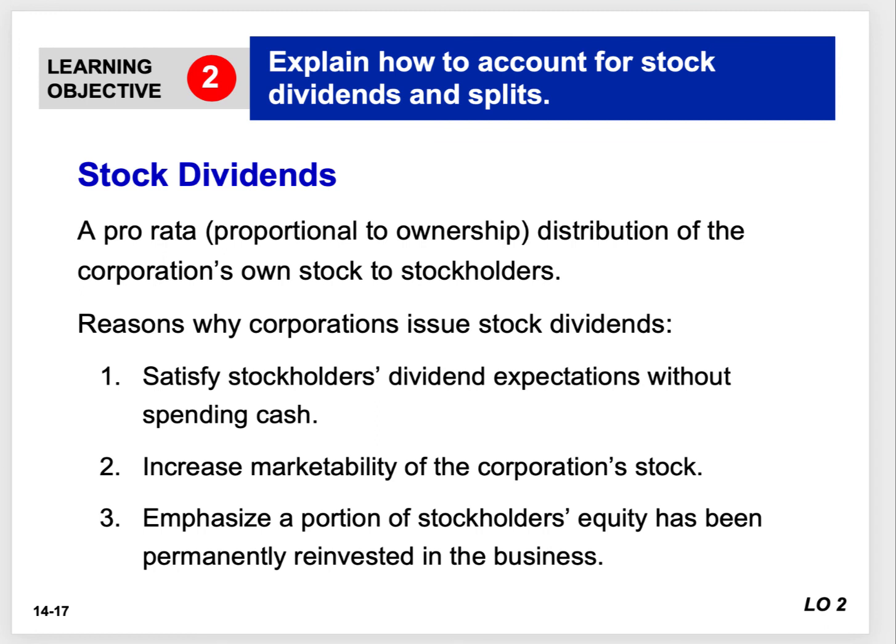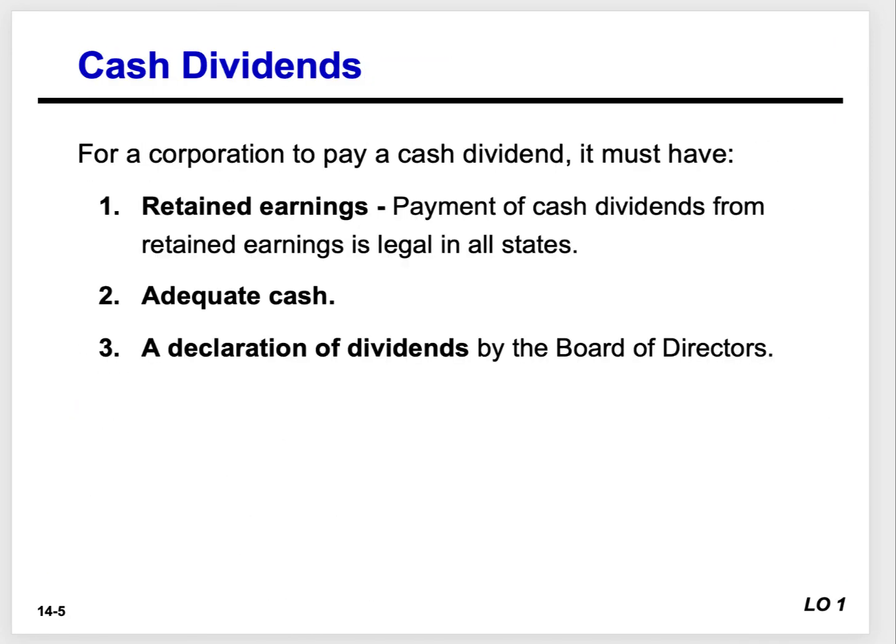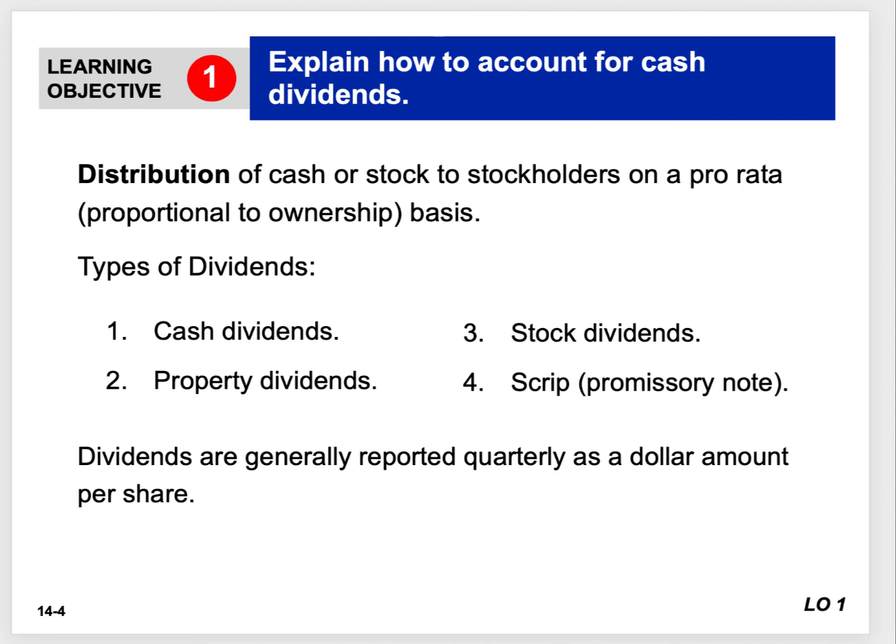Now, when we come back in our next video, we're going to talk about stock dividends. But let's think about what we talked about to this point. We talked about the types of dividends: cash dividends, stock dividends, property dividends, scrip dividends. In the real world, what are we going to see? Cash dividends and stock dividends primarily, okay? When are dividends reported?